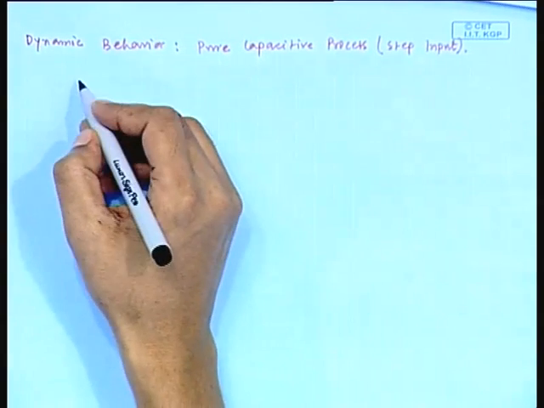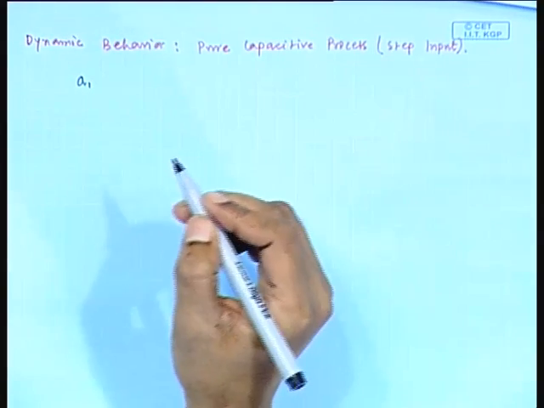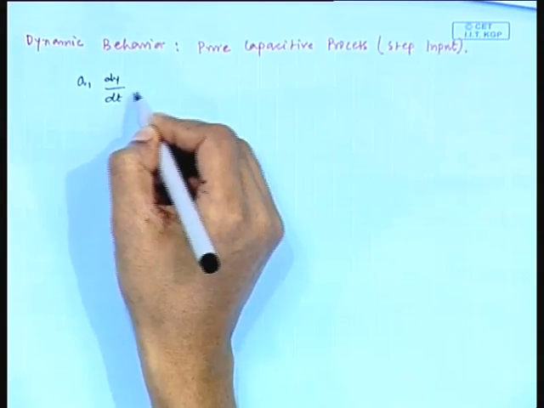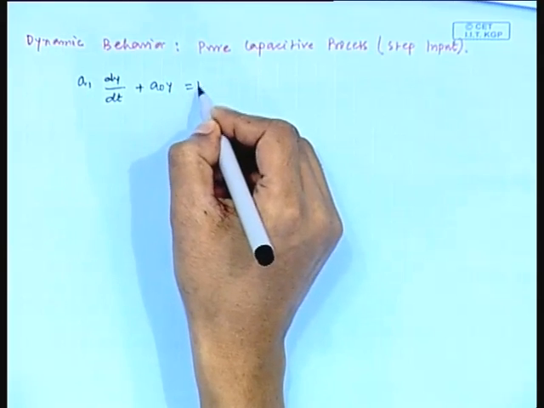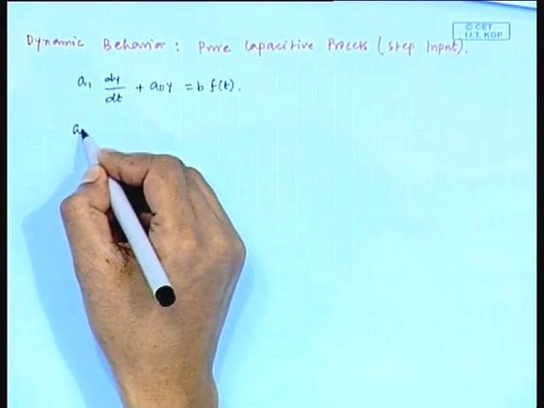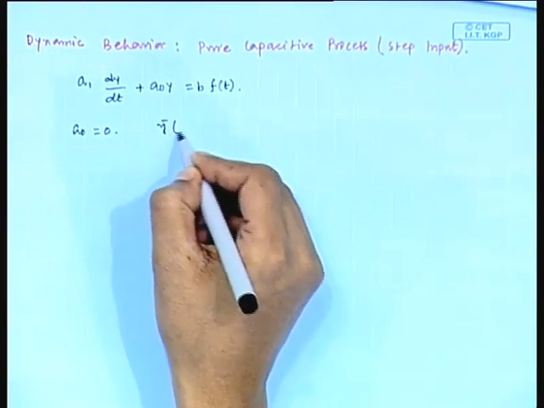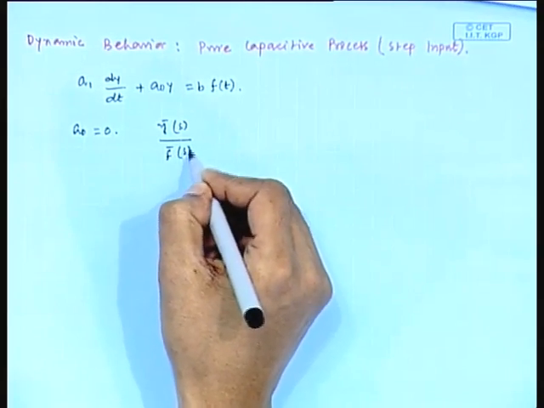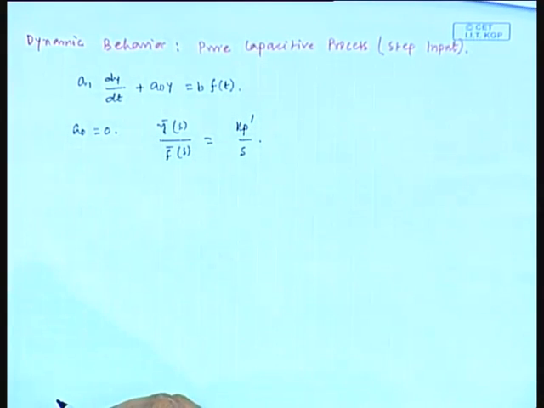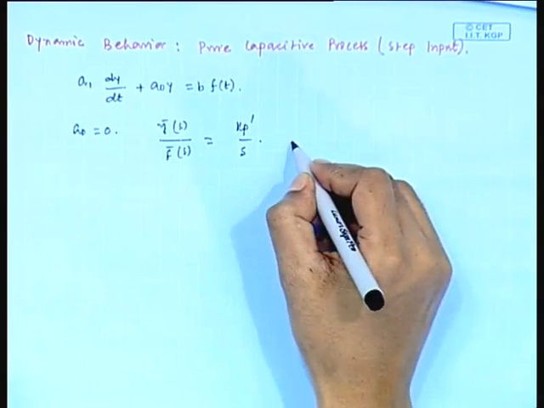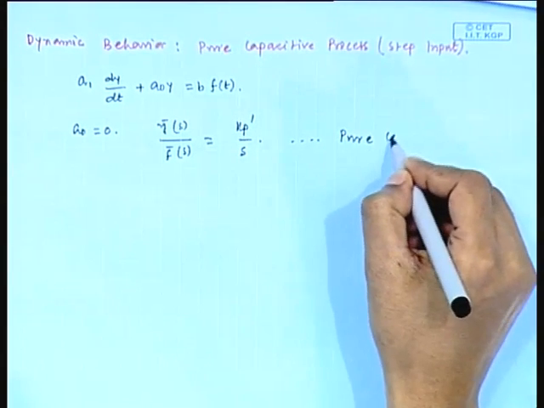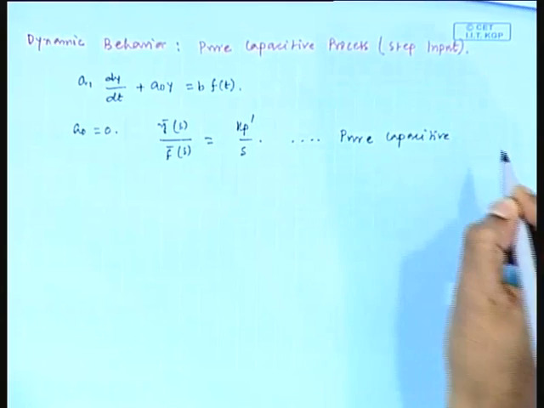Now, you can recall the first order system model a1 dy/dt plus a0 y equals b f(t), and considering a0 equal to 0, we got y bar(s) divided by f bar(s) equal to Kp prime by s, and this is the transfer function of a pure capacitive process that we have derived earlier.